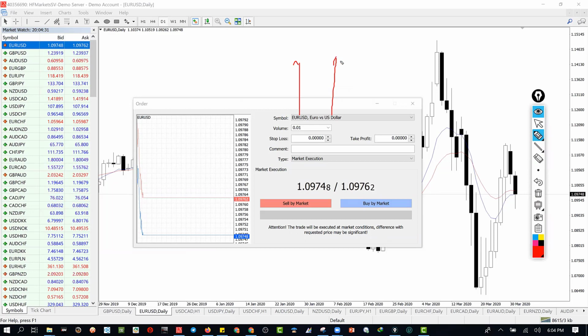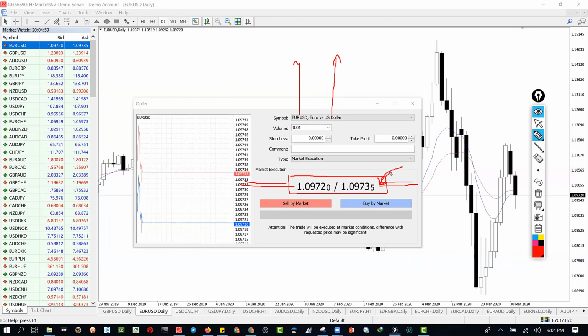You're going to see the spread. This is the bidding price, this is the asking price. The bidding price is the amount people want to purchase, and this is the amount the brokerage, the market makers, want to sell at.